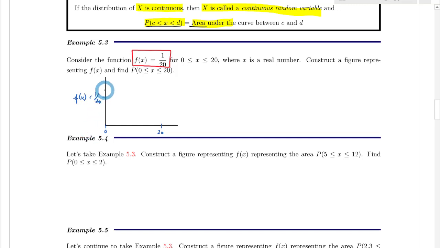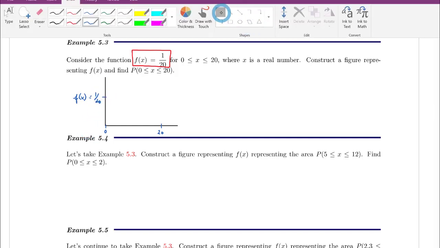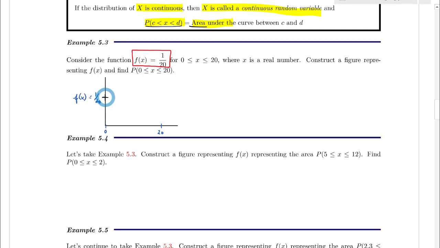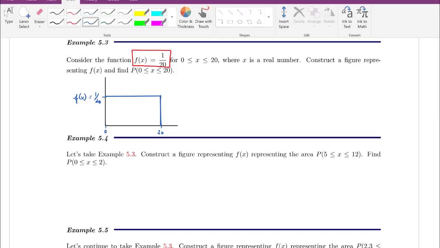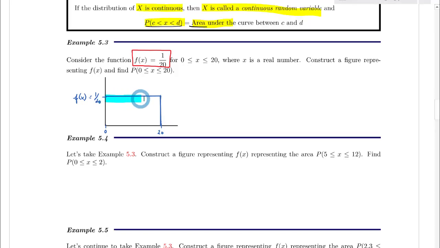Notice if I drew a line from 0 to 20, and then bounded it by a vertical line at 20, I have made a well-defined shape called a rectangle, as you know. And this area is the probability.